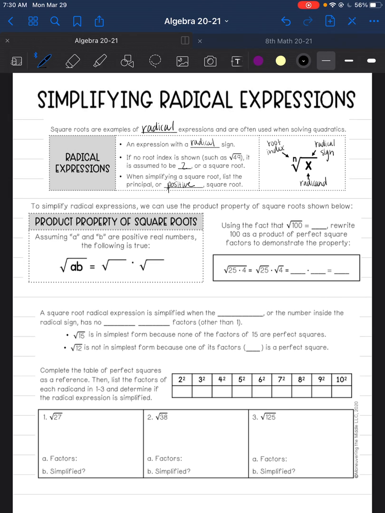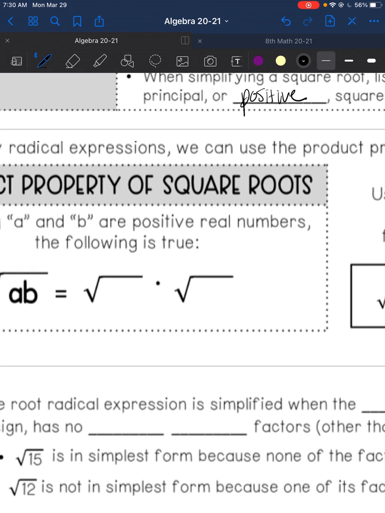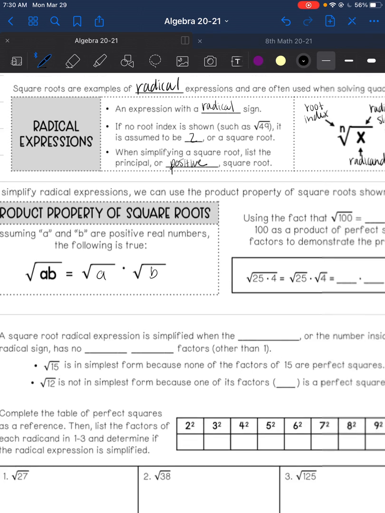To simplify radical expressions, we can use the product property of square roots shown below. Assuming a and b are positive real numbers, the square root of a times b equals the square root of a times the square root of b.